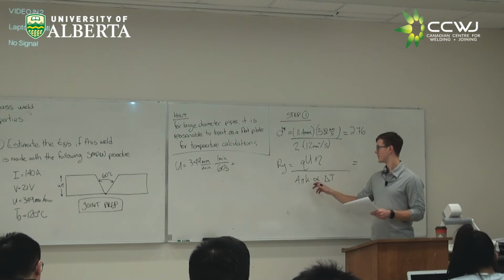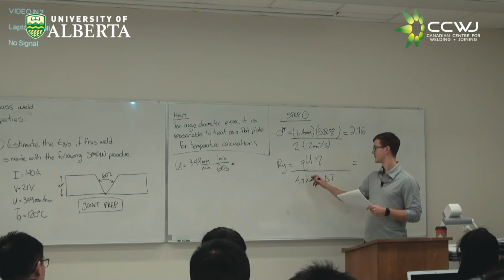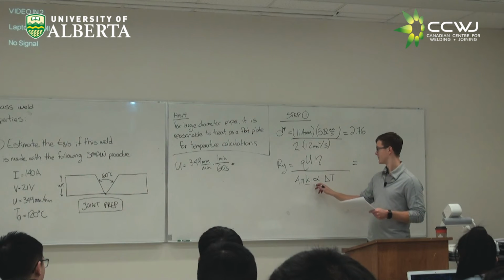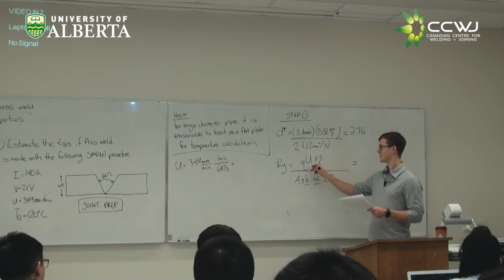So, which of these numbers are we missing? We have K, got alpha, we've got U.